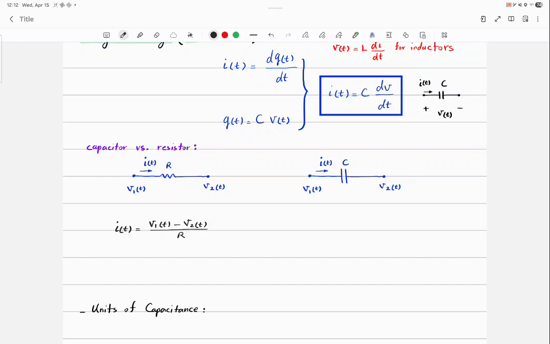But if you don't know how to answer that, that's a very serious problem, okay? If you don't know that one. Similarly, I can write I_T equal to (V1(t) minus V2(t)) over C, because capacitors are exactly like resistors, right?